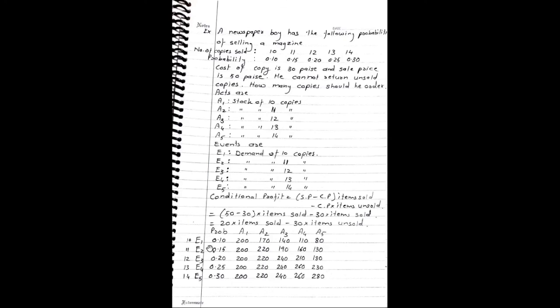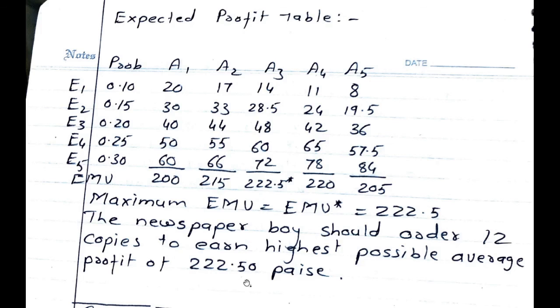Multiply 0.1 with 200, 0.15 with 200, 0.20 with 200, 0.25 with 200 and 0.30 with 200. The values become 20, 30, 40, 50 and 60. And the total of these values is 200.